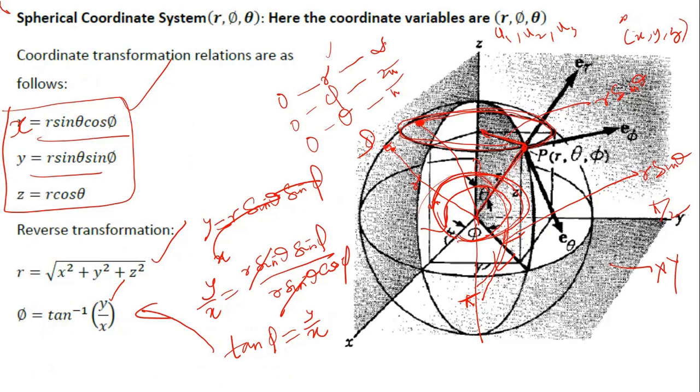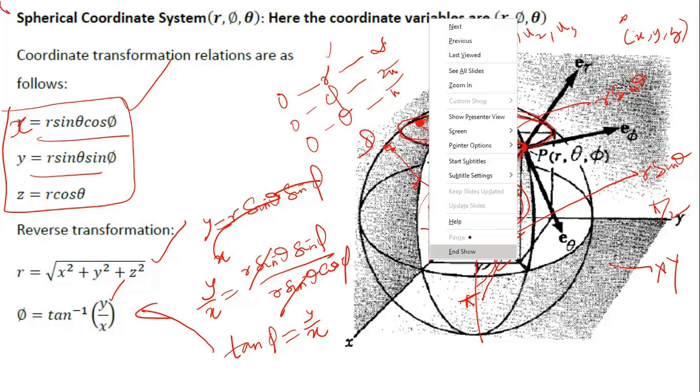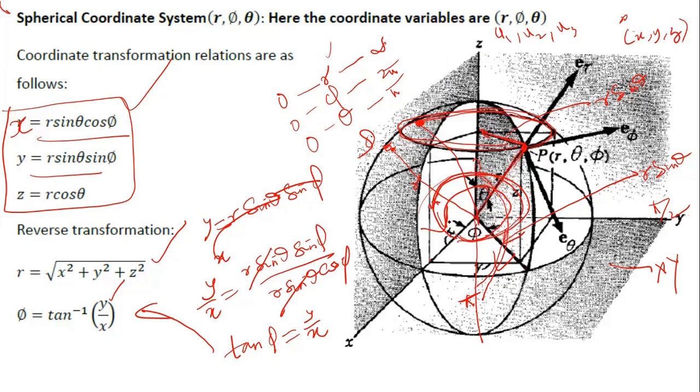And what about your phi coordinate line? The phi variable, as I have discussed, can go from 0 to 2 pi. So let's say we start with some certain point P here. Over there, your phi value is 0.